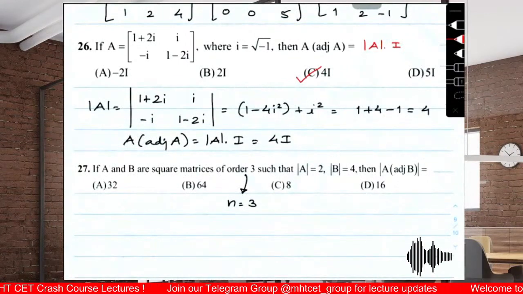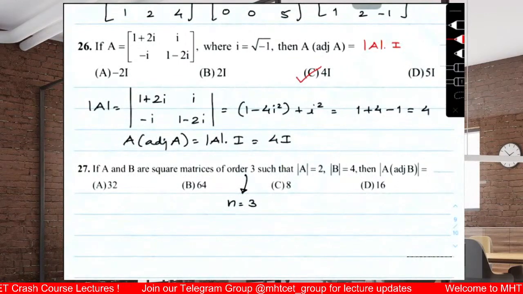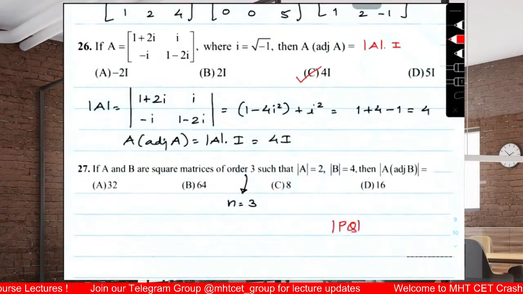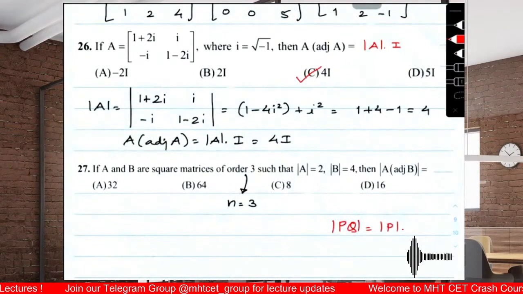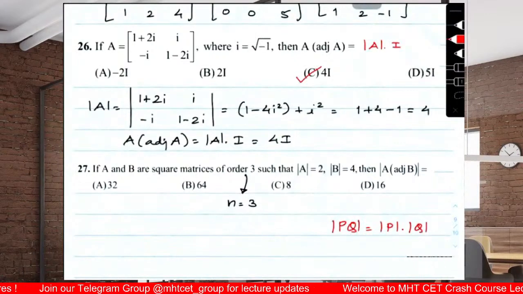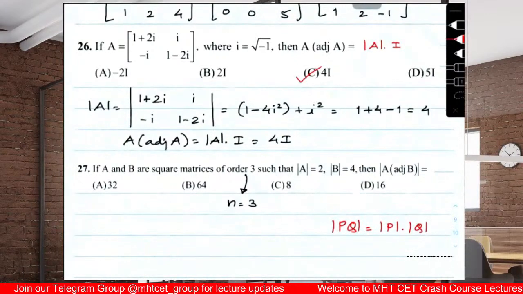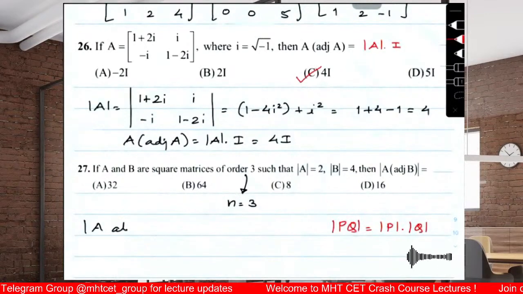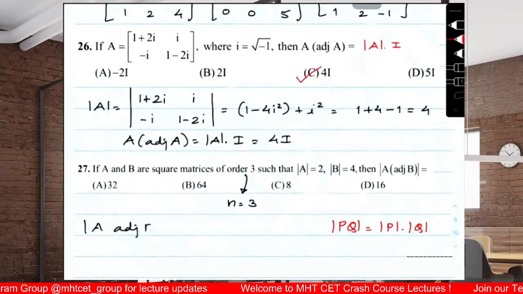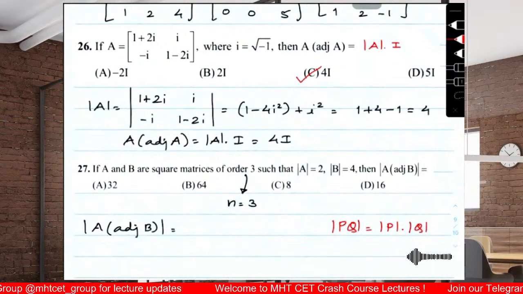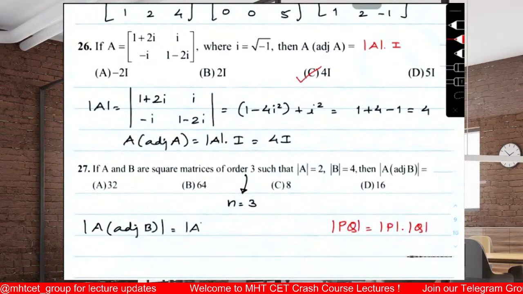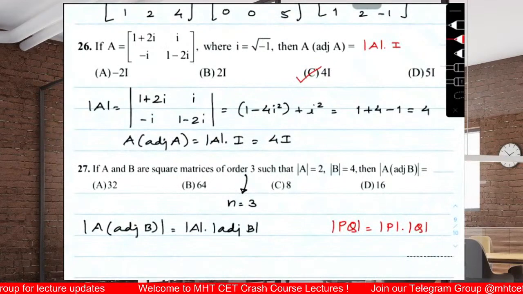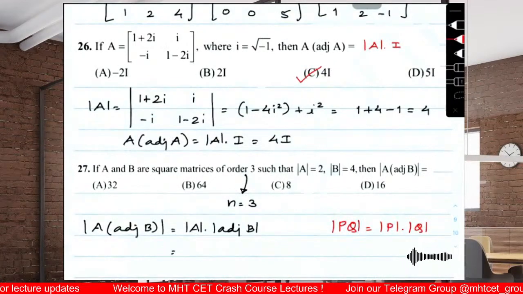Okay, now determinant of PQ is determinant of P into determinant of Q. So if we use this, determinant of A into adjoint of B will be same as determinant of A into determinant of adjoint of B. So determinant of A is given as 2.